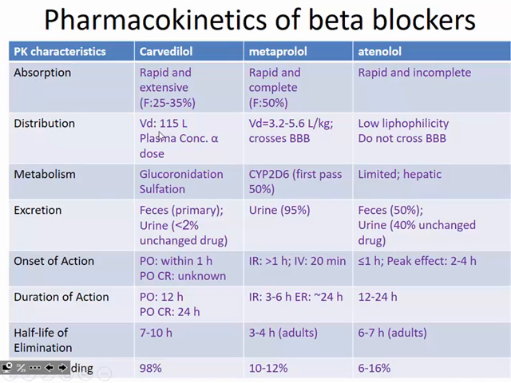Whereas your carvedilol Coreg has a very high volume of distribution, right? So just by looking at half-life and volume of distribution, you know that metoprolol needs to be administered multiple times, right, because of the shorter half-life, whereas you don't have to increase the frequency of administration for carvedilol.